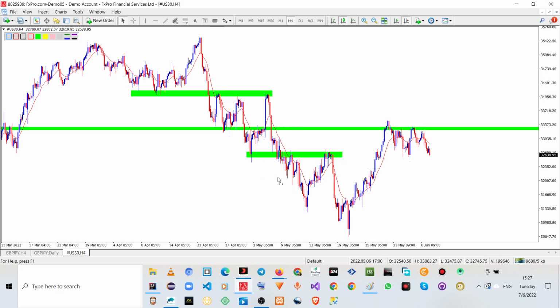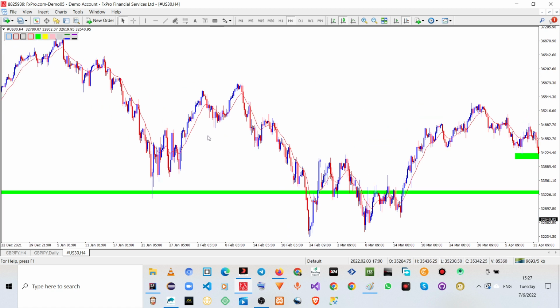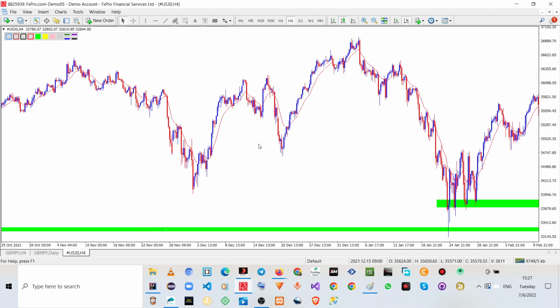Easy stuff. For this one right here, this whole area is our support, then you have our resistance area right here, boom. So this is how you use it to trade US30.